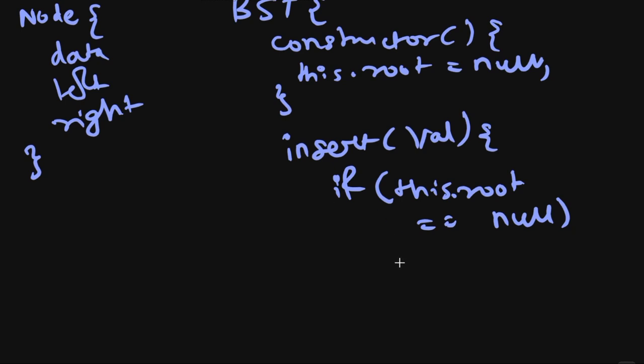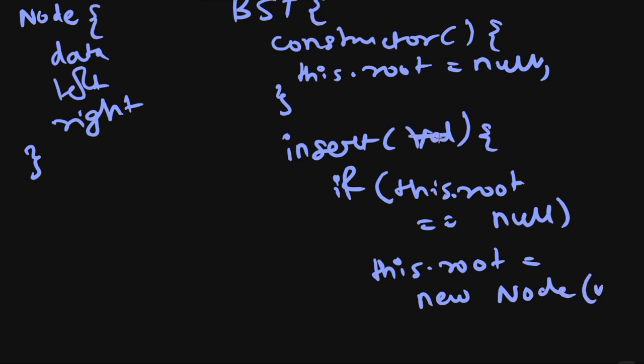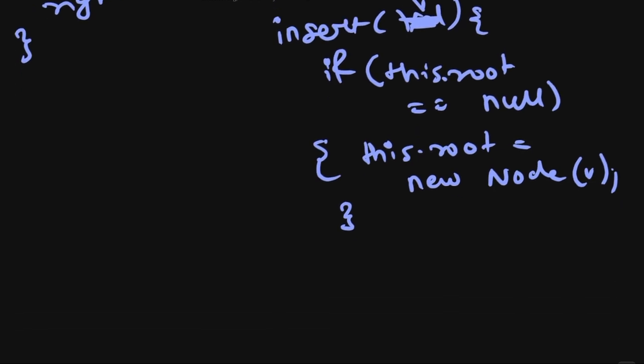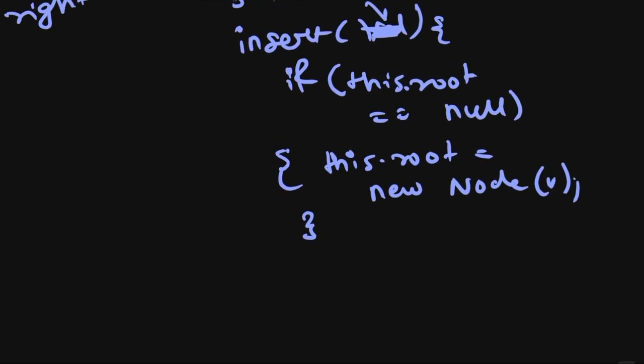If it is null, we will add a new node at this root. So this.root equal to, let's say, a new node with the value whichever we want to give. Let's say instead of value I write v for simplification. So this becomes our base case: if there is no root, we add the new node there.